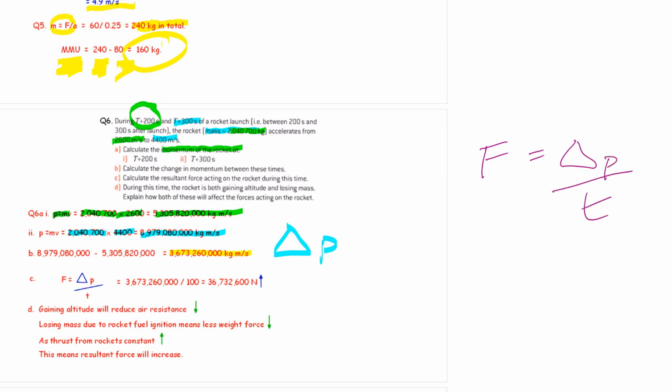We've got the change in momentum, that's that value there, divided by the time. Now there's a time difference, obviously. It was 200 seconds and then 300 seconds, so the time difference is 100. And so we get this resultant force, because it's accelerating upwards. I've added in this little arrow here just to show the direction of the rocket.